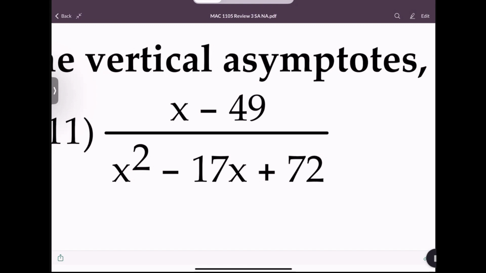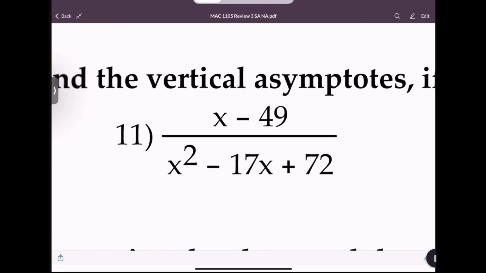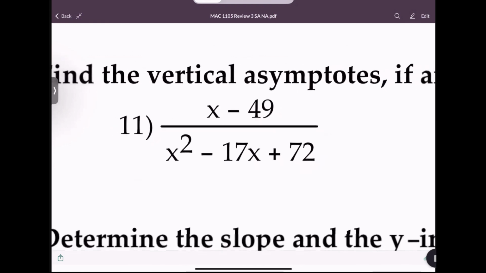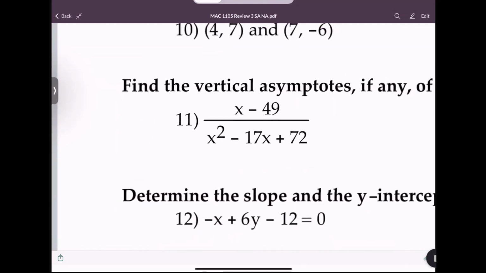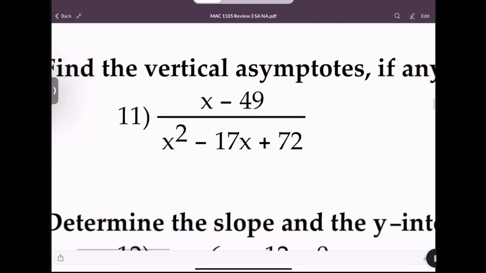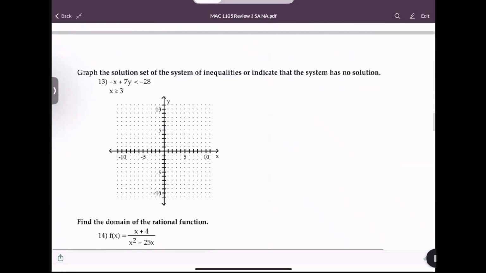Wherever that is, that's your vertical asymptote. That's certainly fine. So, again, write down a note for yourself to remember what you're supposed to do. Any questions there? No problem. Are we okay there so far?